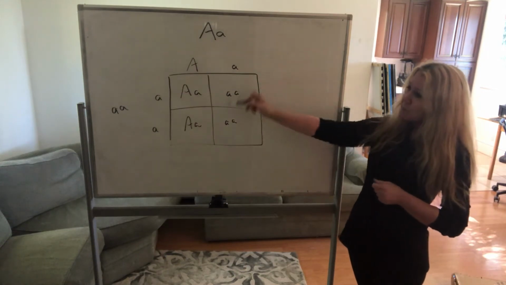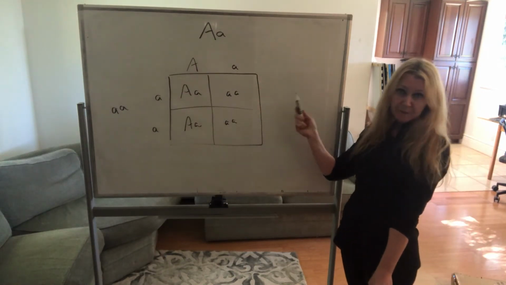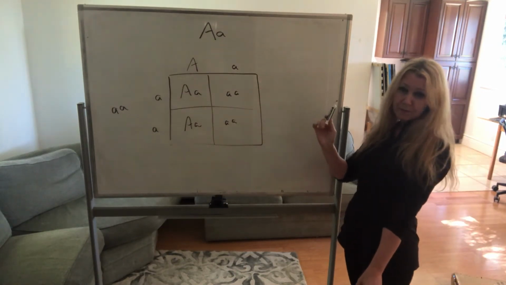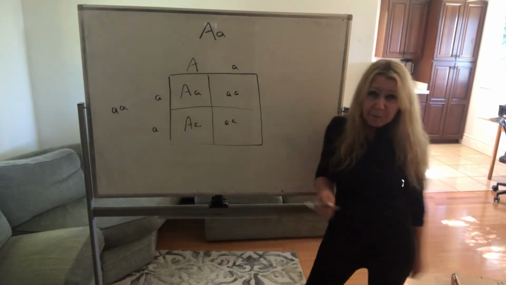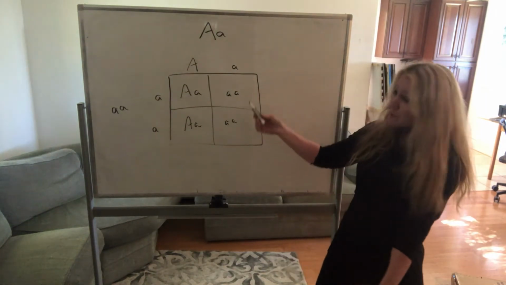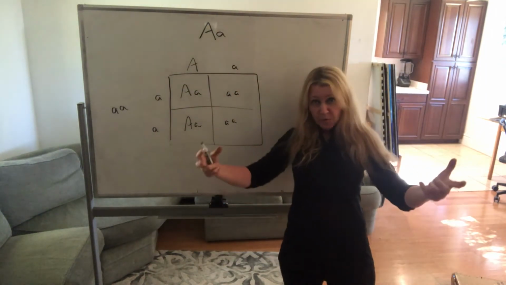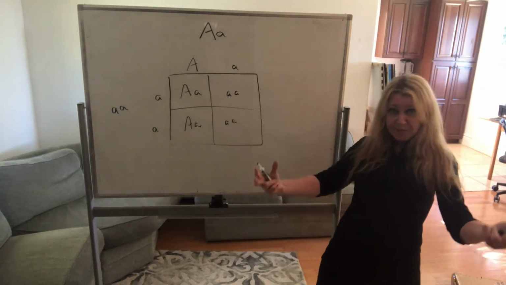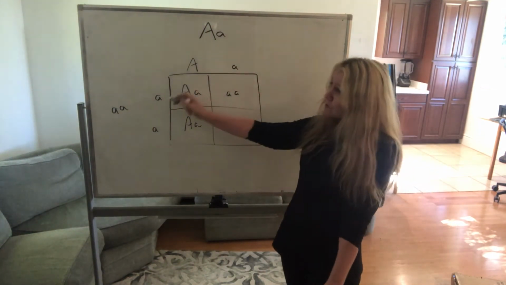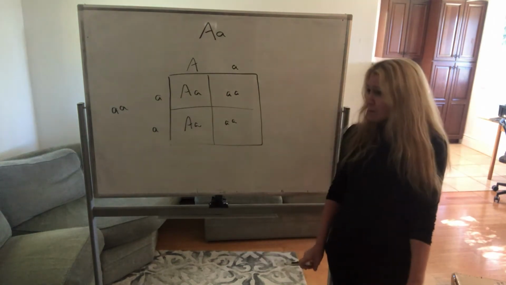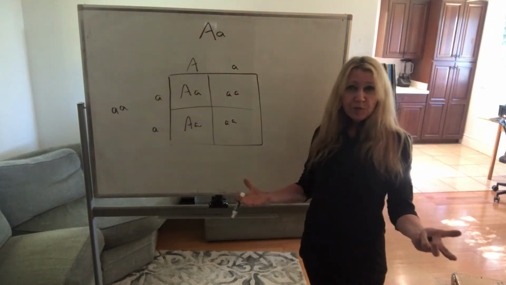This shows the percent probability of the offspring having certain genotypes and phenotypes. If we're looking at the genotype, that's the form of the genes, like if it's heterozygote, homozygous dominant, or homozygous recessive. So if I'm asking, if you cross these two, we're going to look at genotype percentages.